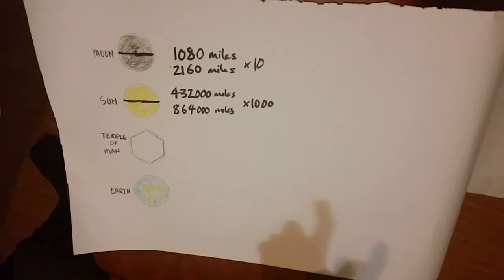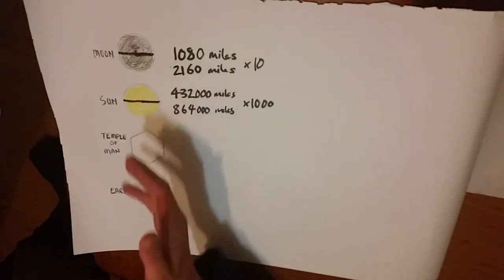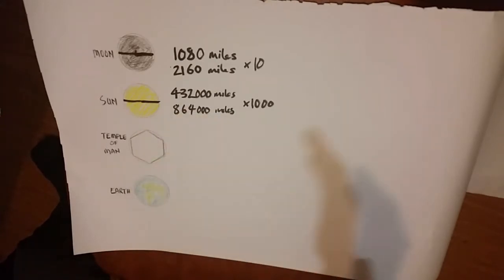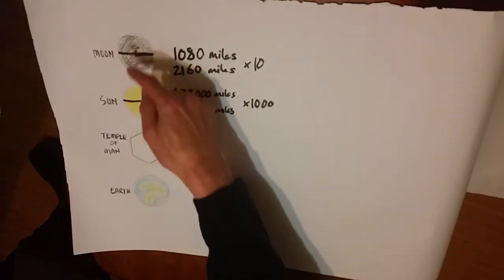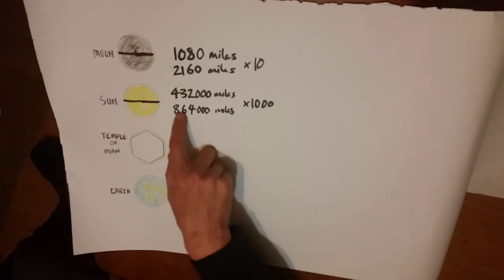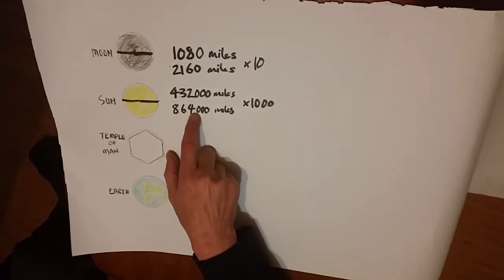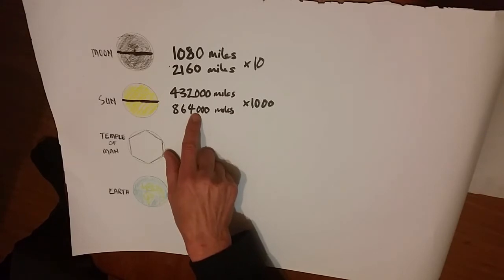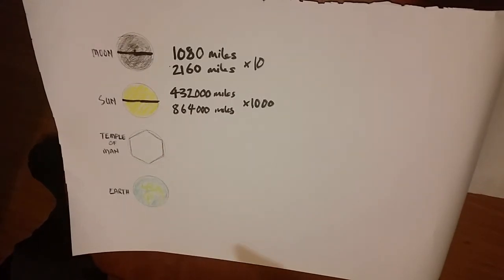Now, if you have a look at the eclipse, you'll find that the ratio is 400 in size and 400 in distance between sun and moon, and so therefore 86,400 miles is as good a number as you're going to get, and also has to do with how they define the surface of the sun.